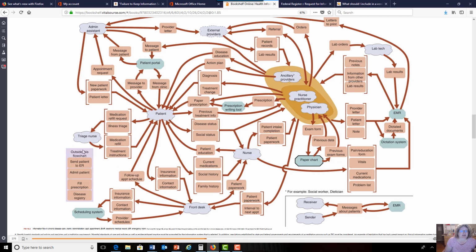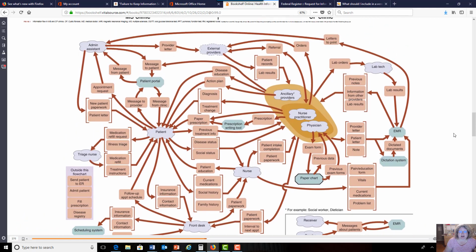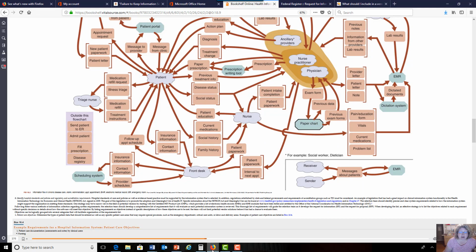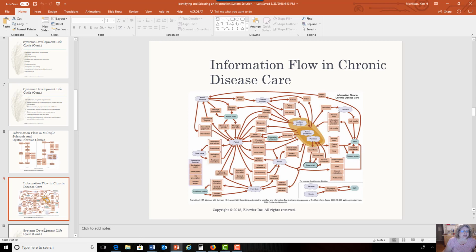Outside this flow chart, the patient went to the ER and was admitted, so there would be a whole other chart for the hospital, and you have all your insurance information, all the things that the nurse does, all the things the provider does. So you can see this is a very thorough map of everything that's going on there with the patient and with the information.